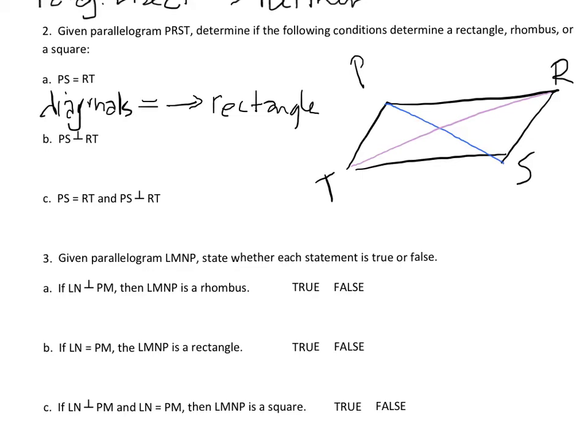So if we know that fact, that would mean that these diagonals form a right angle right here. Obviously the picture doesn't really show that, but imagine it did. So the diagonals are perpendicular, and we know by the properties of a rhombus that this proves that this parallelogram would in fact be a rhombus.